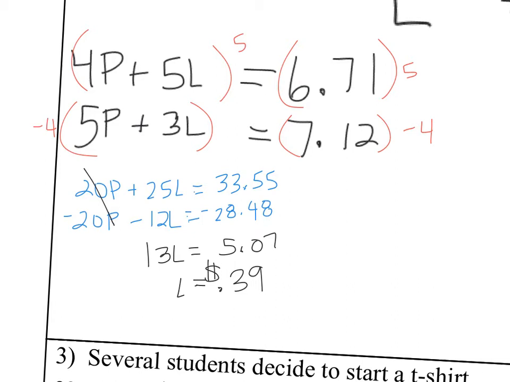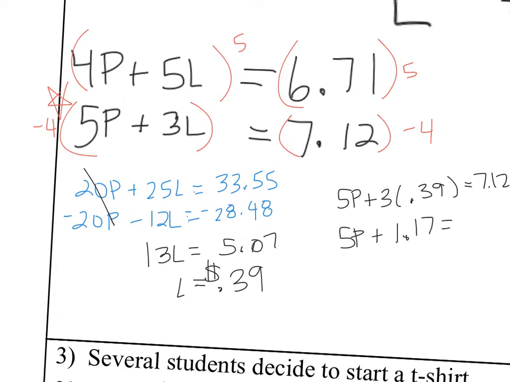So then I'm going to substitute that back into one of these equations. I'll pick the second one. So I'm going to do 5p plus 3 times 0.39 equals the original equation 7.12, and solve for p. So 5p plus 3 times 0.39 is 1.17 equals 7.12.